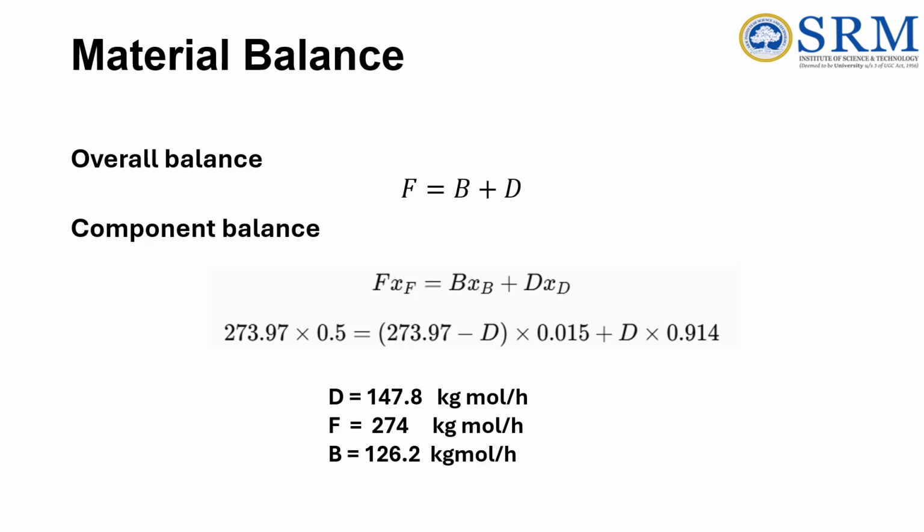Once you find the flow rate of distillate, as the feed flow rate is known, the flow rate of bottom product can also be computed. So we got the total flow rates which enter as feed and which divide as distillate plus residue.